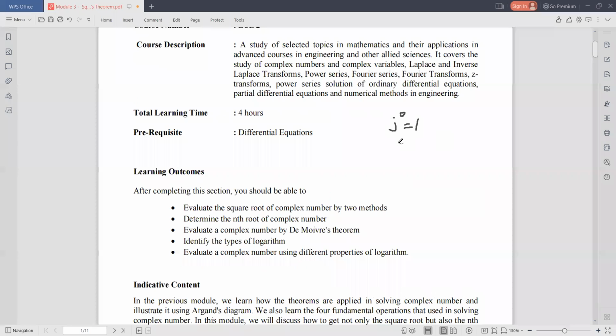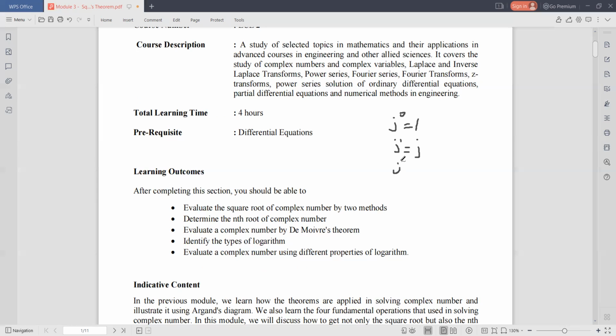How about j raised to 1? Ilang value natin? So j, di ba? And take note that the value of j is the square root of -1, di ba? So -1 times j, may kita sa j raised to 2.